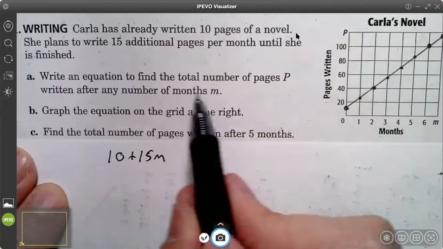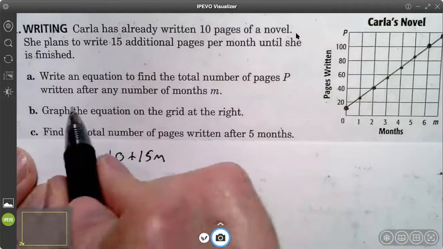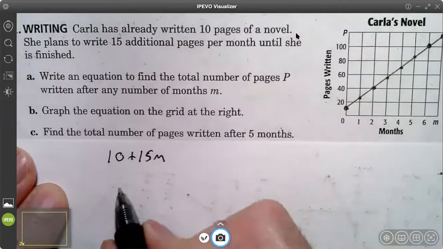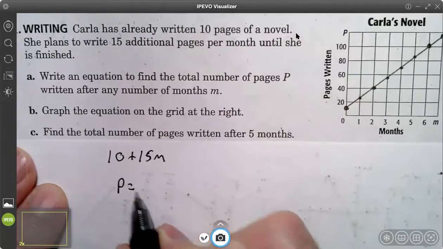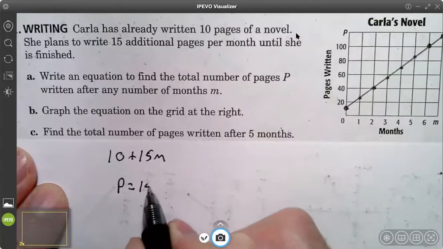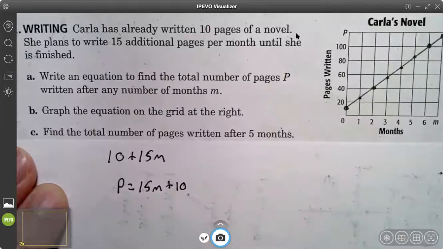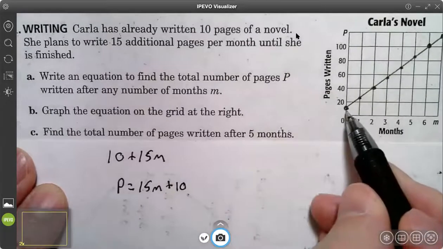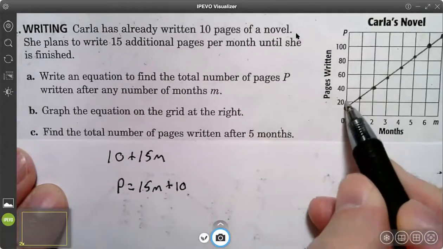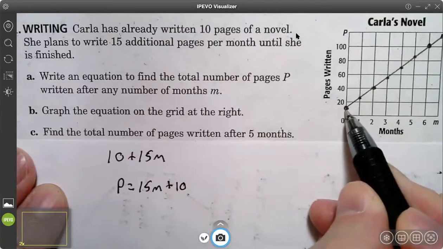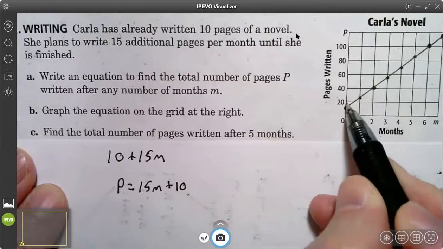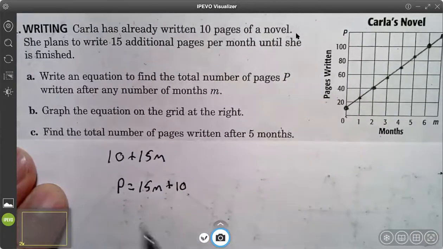It says write an equation for the total number of pages P written after any number of months M. So total number of pages equals 15 pages per month plus 10 pages already written. There's my equation in slope-intercept form, and here's my graph. The boxes are worth 20 up and down, so my y-intercept of 10 has to be right between 0 and 20.